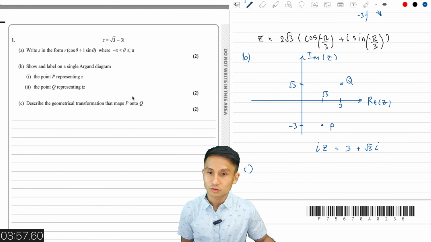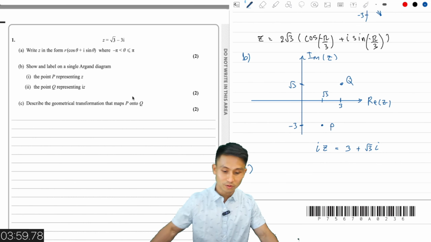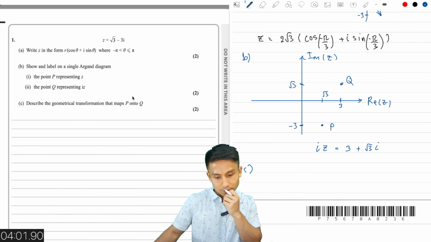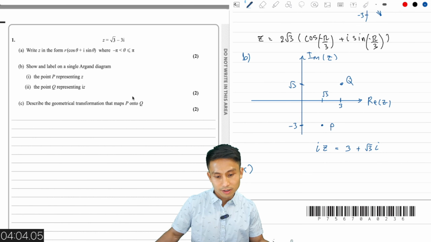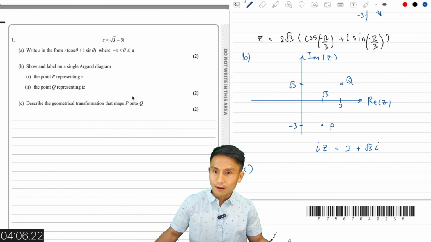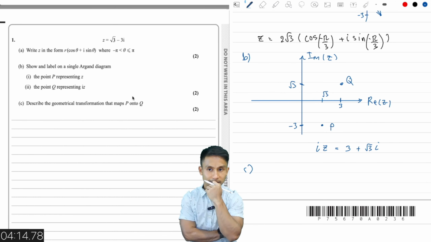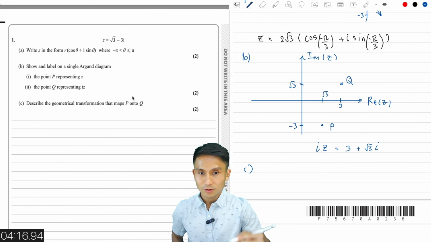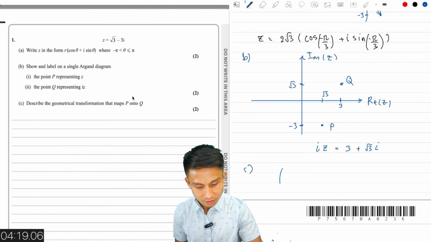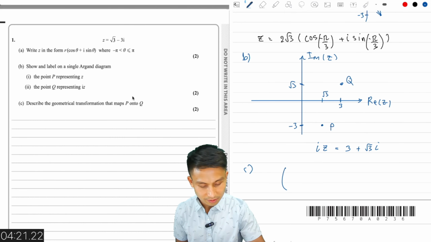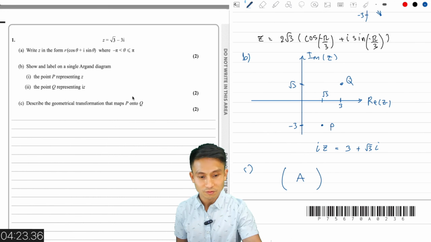Describe the geometrical transformation that maps P onto Q. All right, so P onto Q, right? We can try to get the matrix here first. So this is matrix A, which is the transformation matrix.